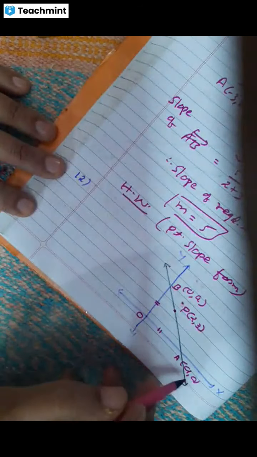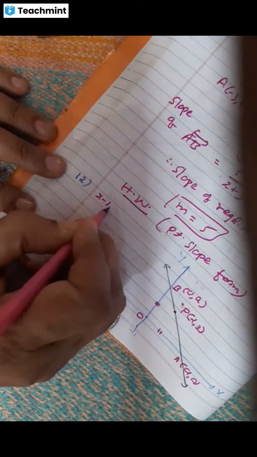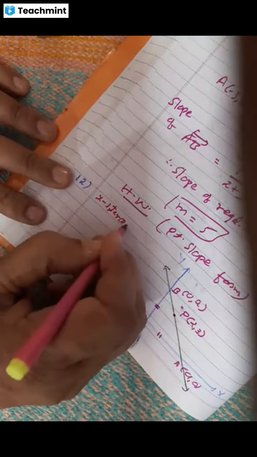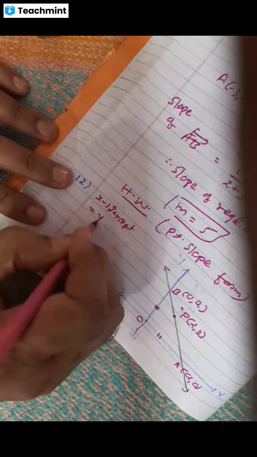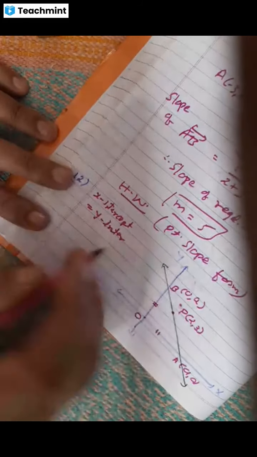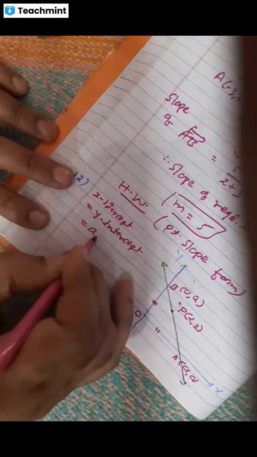Isn't it? A0, 0A, because it is given that X intercept is equal to Y intercept. This is given, equal to a, let us say.